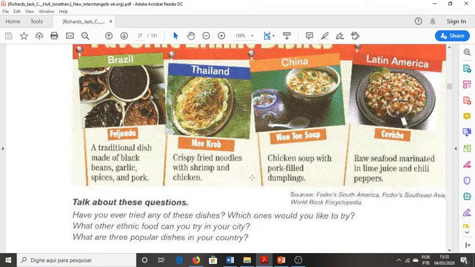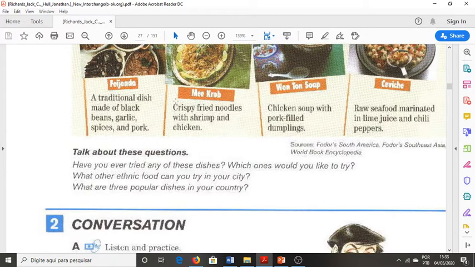China, there is a picture of wonton soup, which is chicken soup with pork-filled dumplings. Dumplings são os bolinhos chineses. Latin America is ceviche, which is raw seafood marinated in lime juice and chili peppers. Well, there are pictures of these 4 dishes, and then talk about these questions.